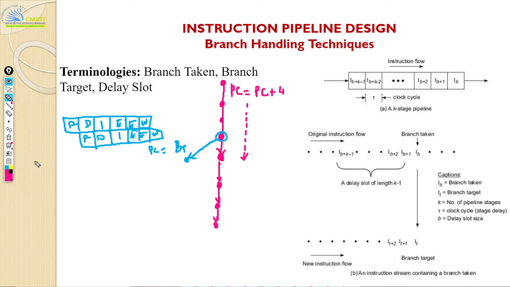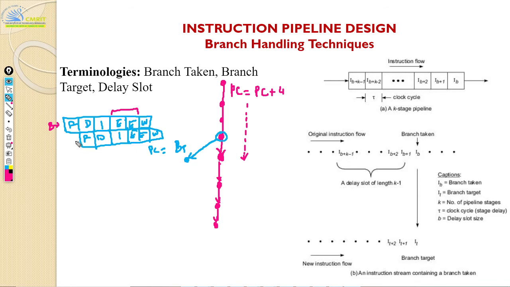Now let us say that this is a branch instruction. You're going to branch, but you don't know. When will you know whether it is branching or not? Technically, only during the execute stage will you come to know whether you have branched or not. Until then I don't know whether I'm going to branch or not.